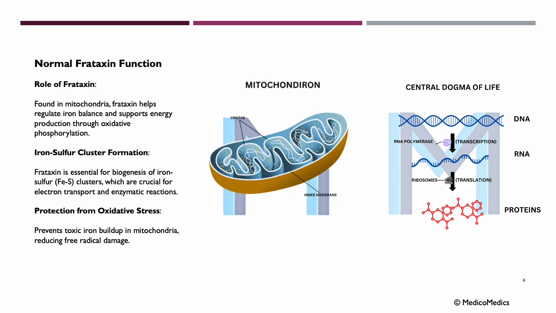Now, let's begin with normal physiology and normal frataxin function. But before we talk about the role of frataxin, let us briefly review the process from DNA to proteins. Now, DNA is made up of genes. These genes contain instructions to make proteins.